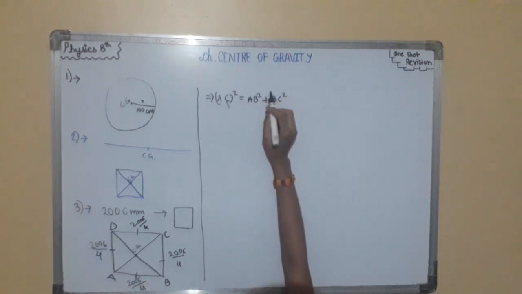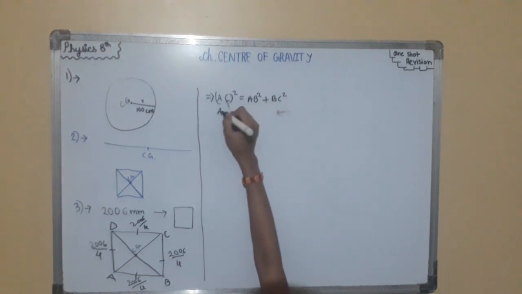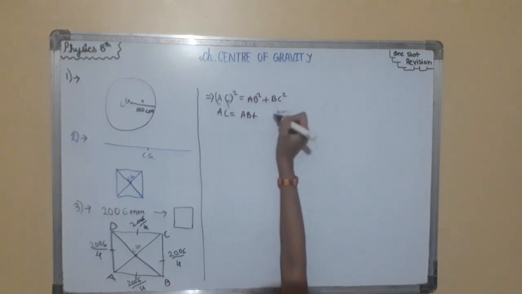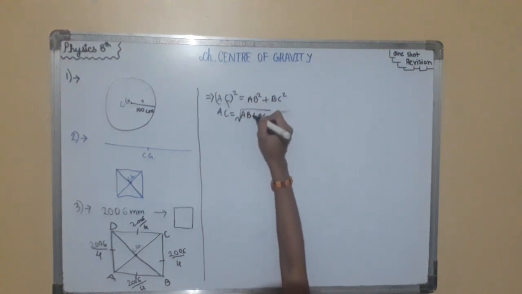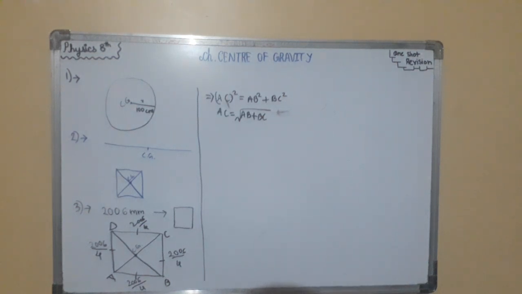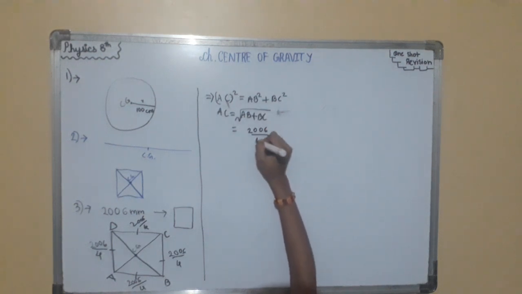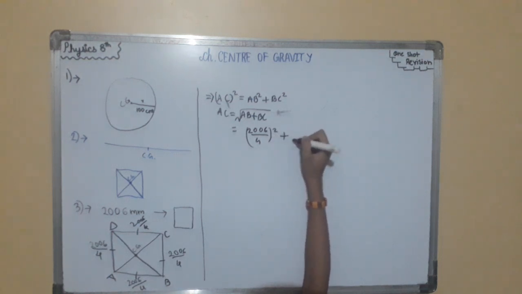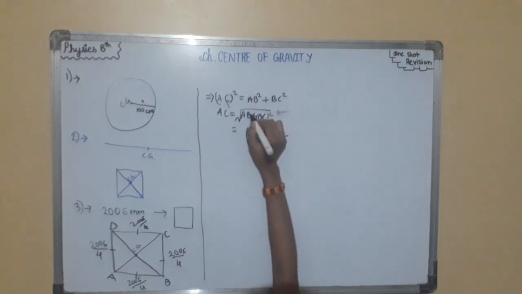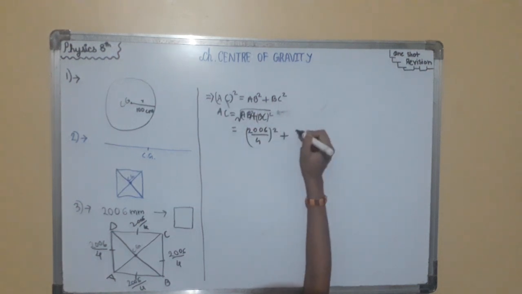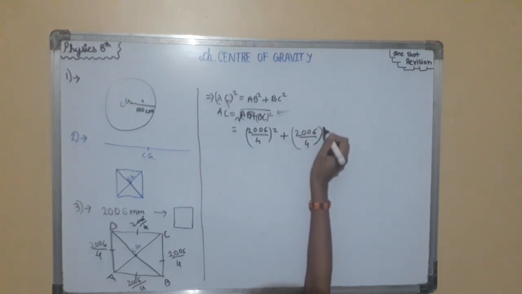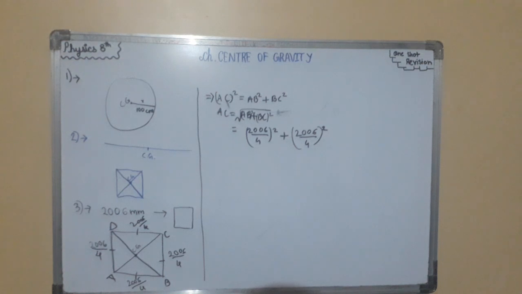Now AC is equal to root of AB square plus BC square, that is root of 2006 by 4 whole square plus 2006 by 4 whole square, millimeter.